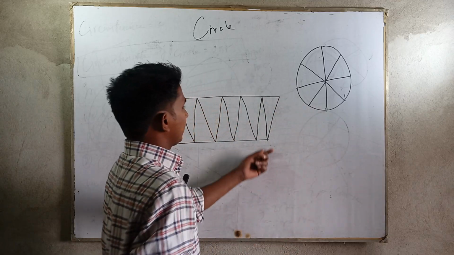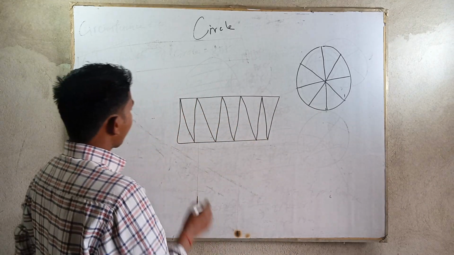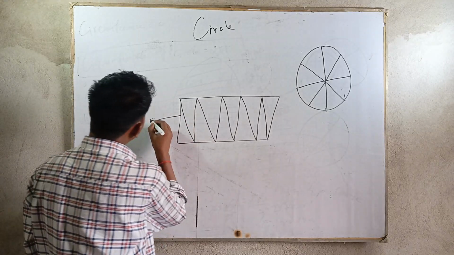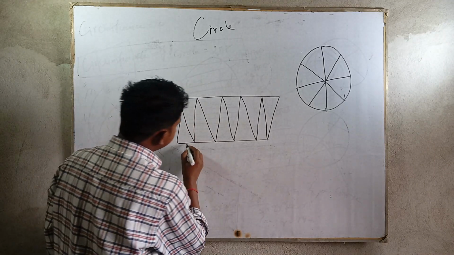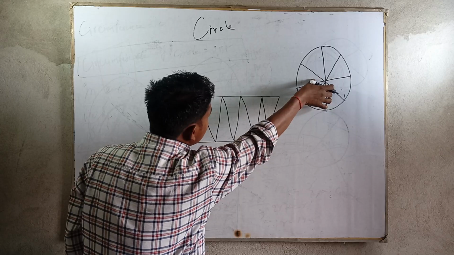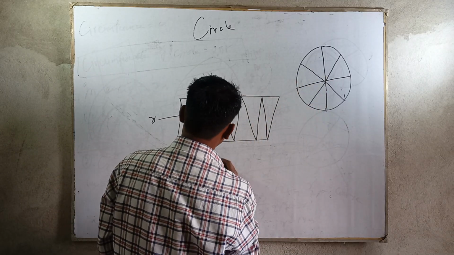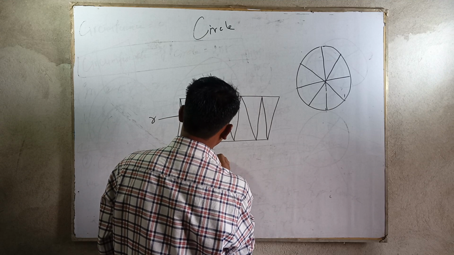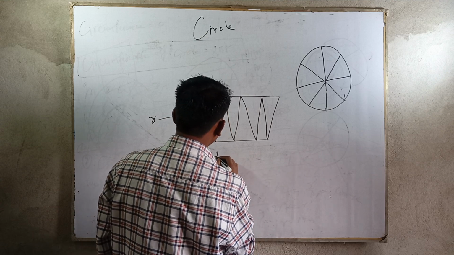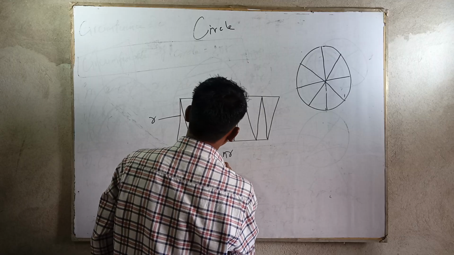I made it like this. Then of course this is the radius, it will be called radius, and this is the circumference, because if I'm sitting like this, then it will be half circumference. Circumference I know, 2 pi r equal to circumference.